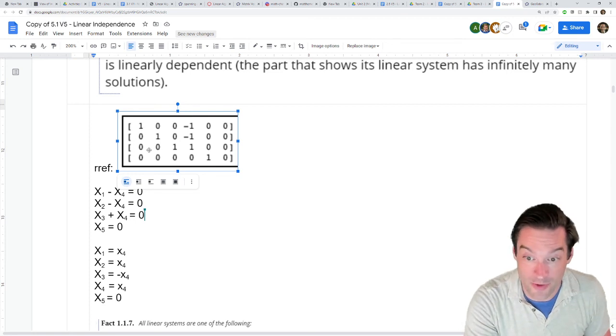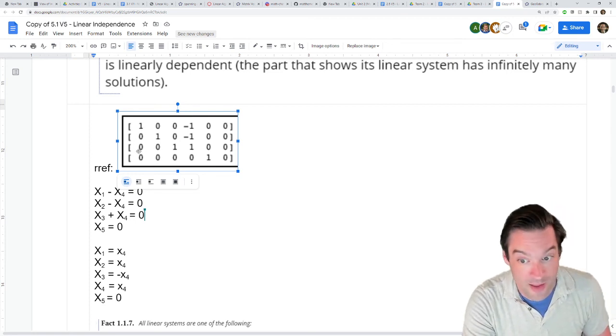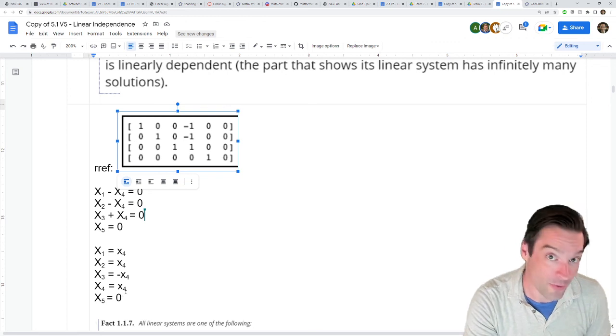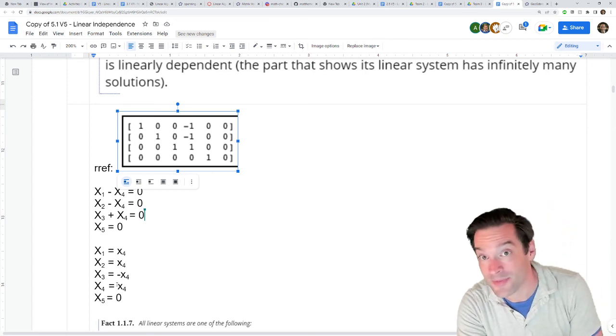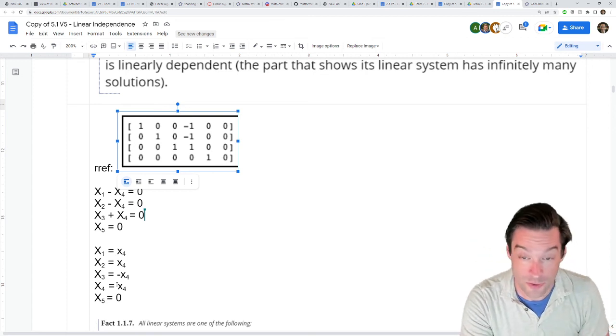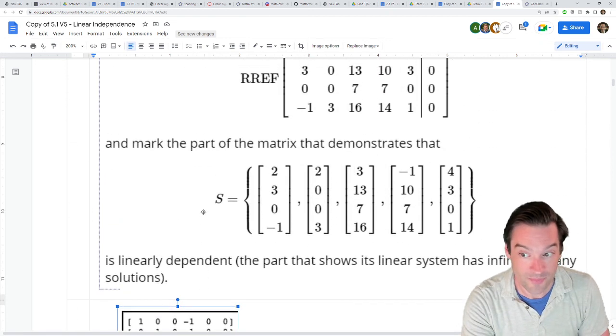And so if every row has a pivot, which is true, there must be a column which is missing a pivot, and that's this fourth column. So that fourth column that's missing a pivot corresponds to variable number 4, x4, can be taken to be a free parameter. And because of that, we can choose its value to be non-zero, and as soon as we do that, that gives us a non-trivial solution to this vector equation that gives us 0, which is how we know that this is a linearly dependent set of vectors.